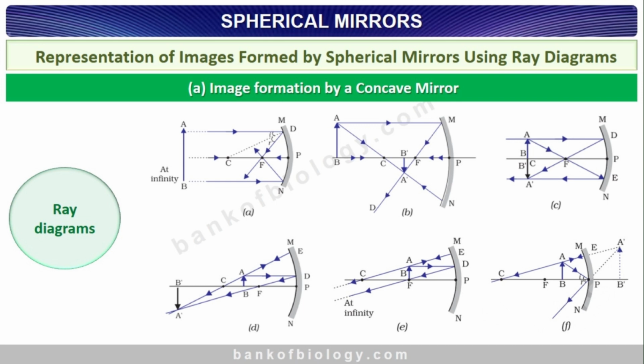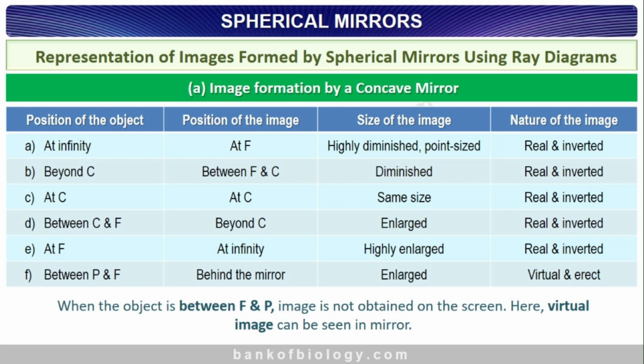Image formation by the concave mirror. Position of the object, position of the image, size of the image, nature of image.